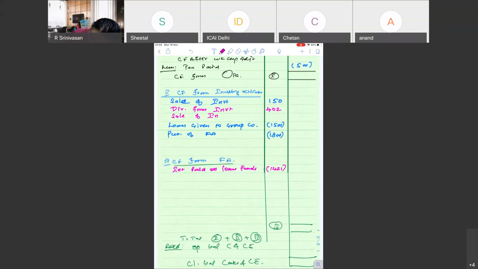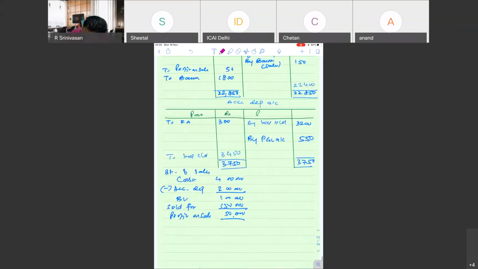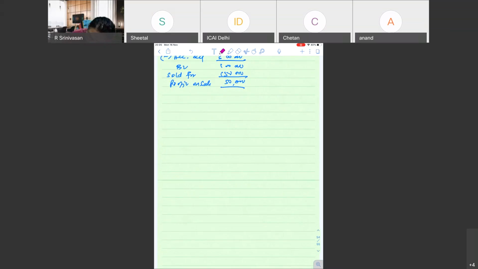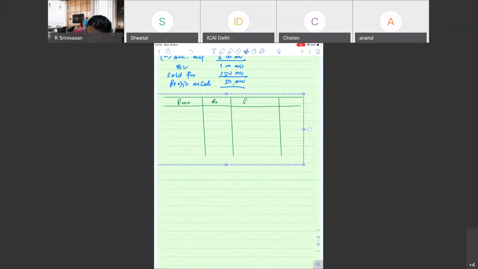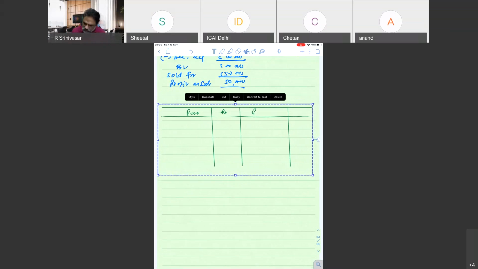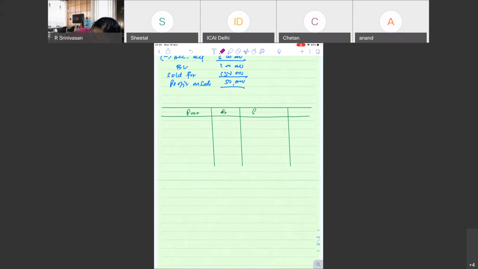Sale of investment 2,500. To open the investment account, balance brought down, how much?